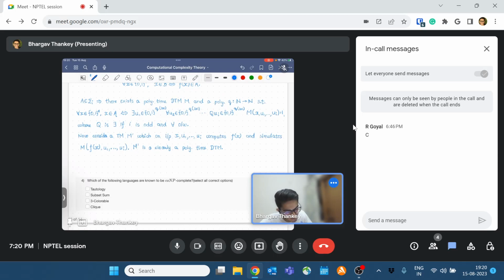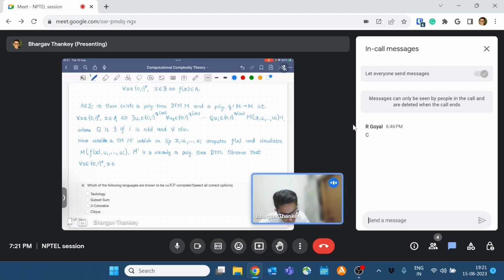And observe that for all x in 0, 1 star, x is in B if and only if there exists u1.